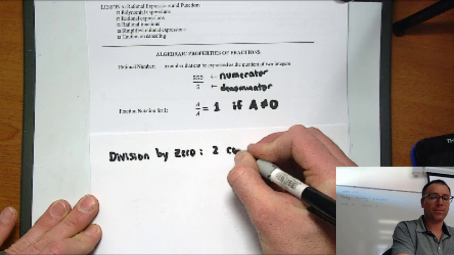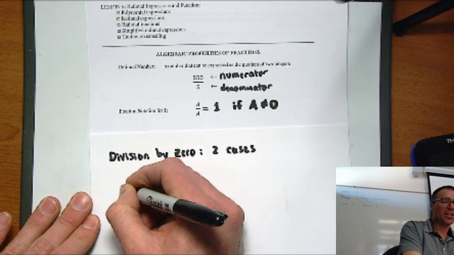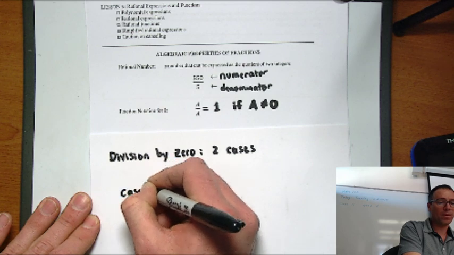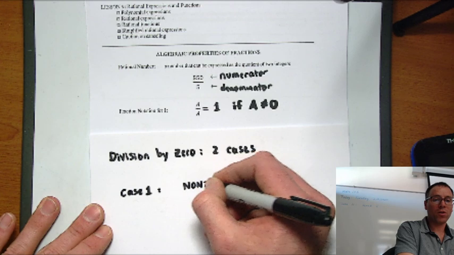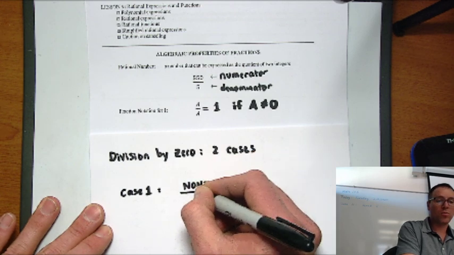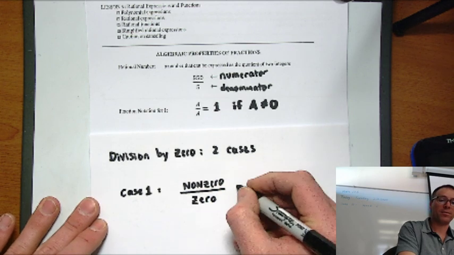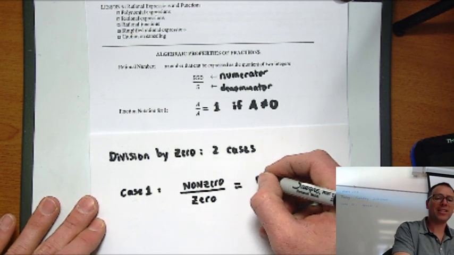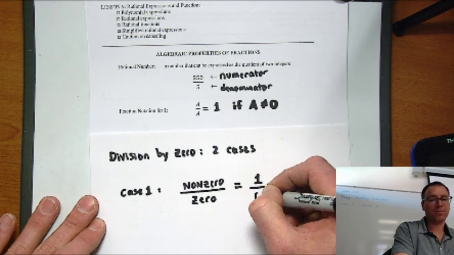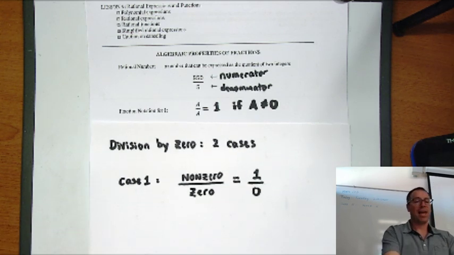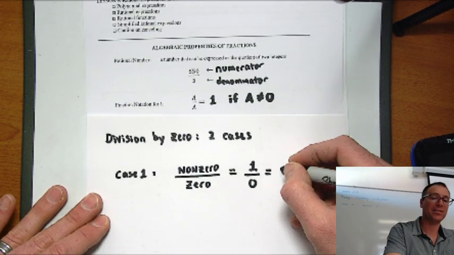So what we'll first do is we'll study case 1, which is going to be non-zero numerator, 0 denominator. And for a base case, what we'll do is we'll look at 1 divided by 0. And we'll go ahead and call this value, whatever it is, x.